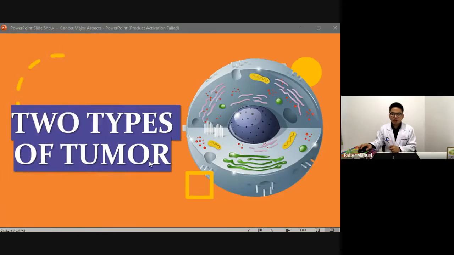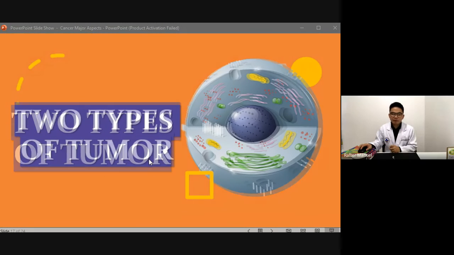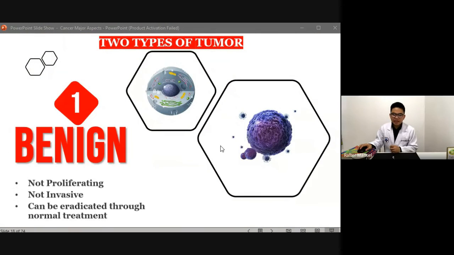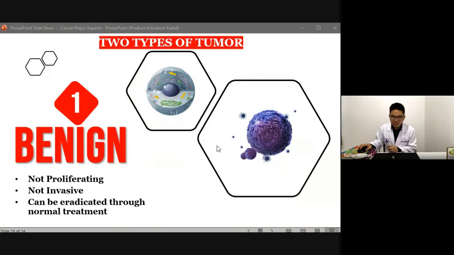The two types of tumor. The very first type of tumor is the benign tumor. Okay? It's not B8, it's benign. Benign tumors are somewhat angiogenic. I told you already that angiogenesis is the extra blood vessels that would be produced by your body so that this cancerous cell would be supplied with oxygen-rich blood.